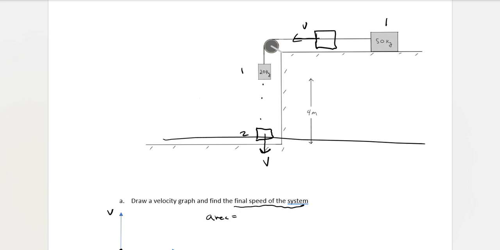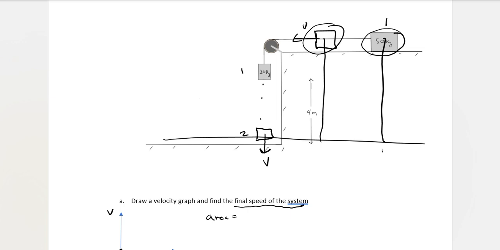All right, now let's talk about the other guy. Technically, this has a PE1, mg times this height. But it also has a PE2, mg times the same height. So long story short, that's going to subtract off. I usually just advise people of this. If it's not changing in potential energy, you can ignore it.